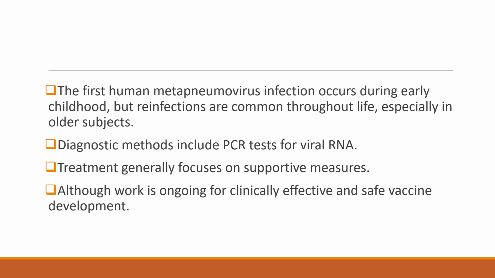Diagnostic methods for detection of this organism include the PCR test for the viral RNA, and treatment generally focuses on supportive measures. So we only have to give supportive measures if the patient has this infection, although work is ongoing for a clinically effective and safe vaccine.